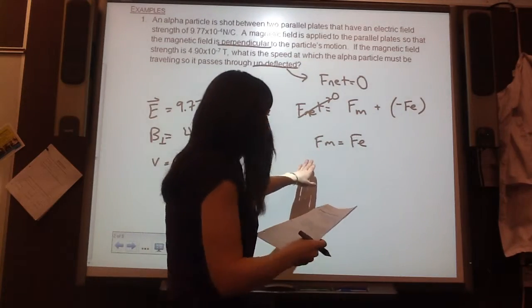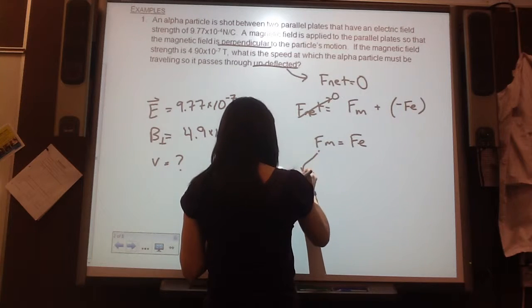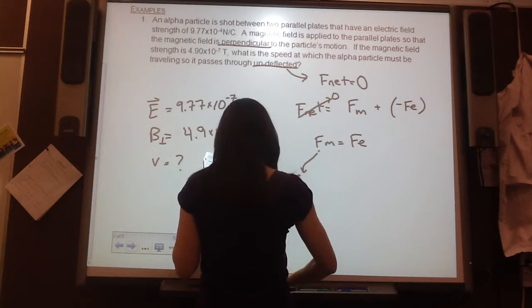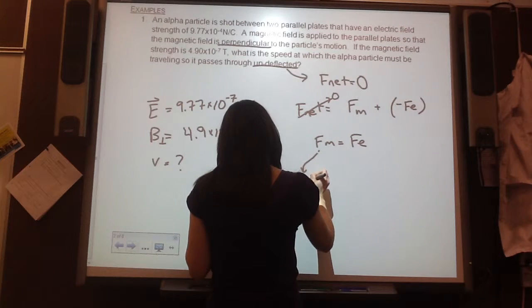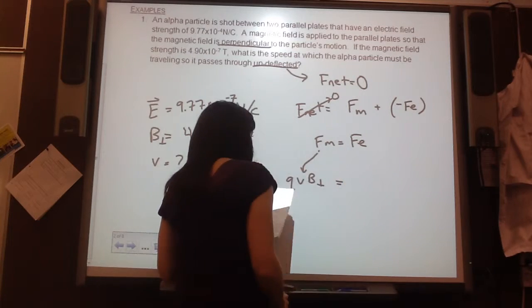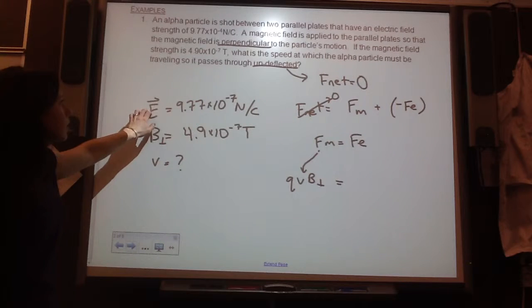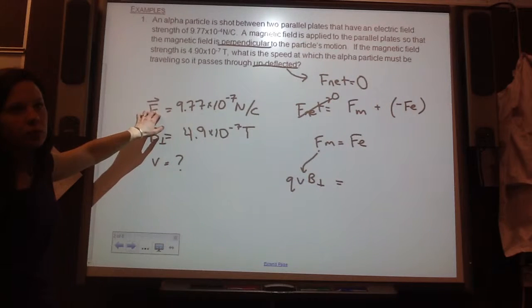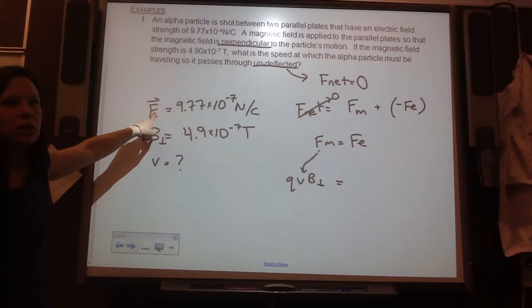If I have Fm, that is equal to Q times V times B perpendicular is equal to, now what can I expand Fe into that includes this? What formula has this and Fe in it? Of everything I know. Look on your formula sheet.